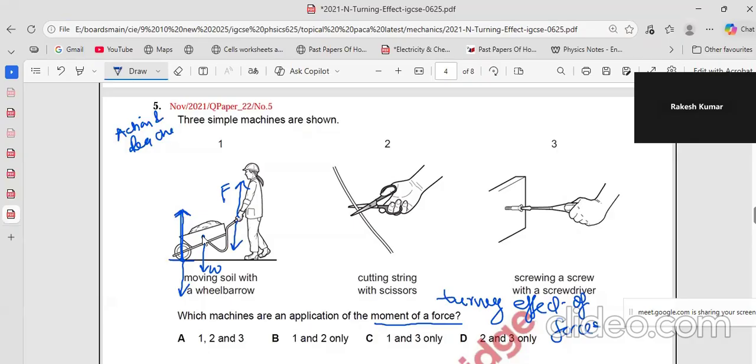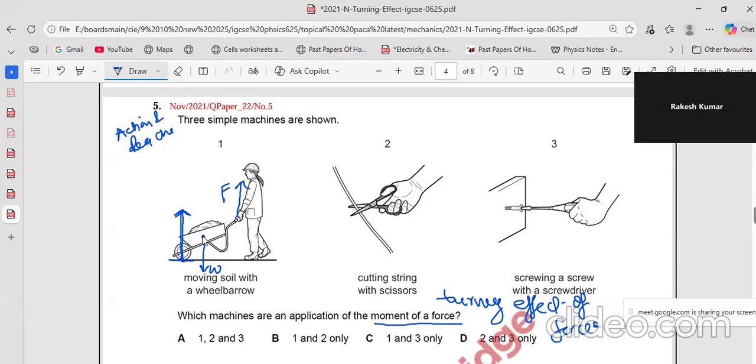If the weight is being pulled by the earth, the wheelbarrow is actually pulling up the earth. But we don't consider all these forces because they are not on the wheelbarrow, they are on somebody else. Right now, we are only considering the forces acting on the wheelbarrow. So these are the only relevant forces. Each has a turning effect.